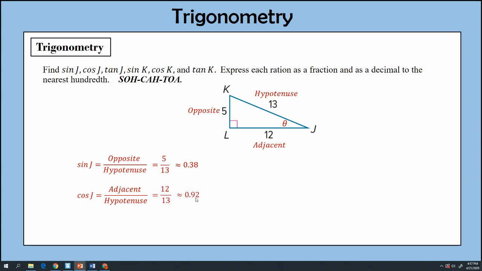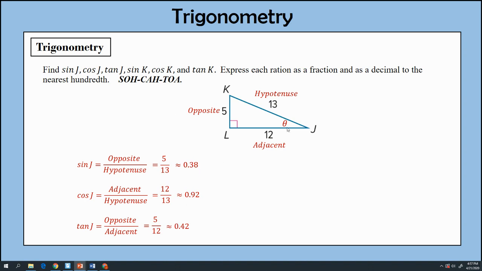So that's 12 over 13. That's 0.92. And then tangent of J is opposite over adjacent. That's 5 over 12. And if I did the division there, it'd be 0.42. Okay, so that's the first set of three they ask us to find. These are the ratios, and these are what the ratios are as decimals.